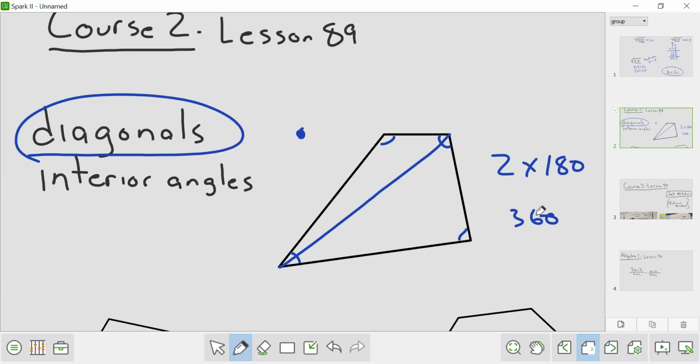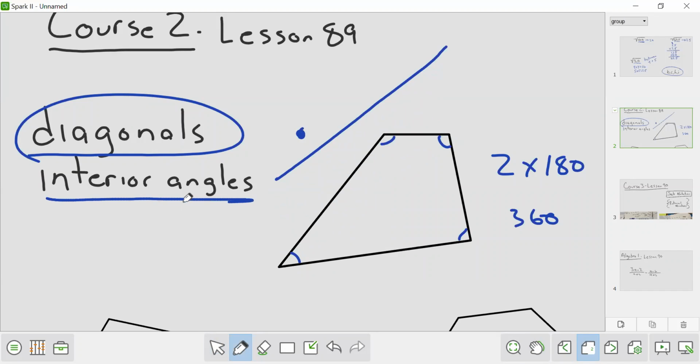And so if I know any two or any three of these angles, I can figure out the fourth one, all right? That also helps us understand this term, interior angles. An interior angle is one of these angles right here. There are 4 interior angles.